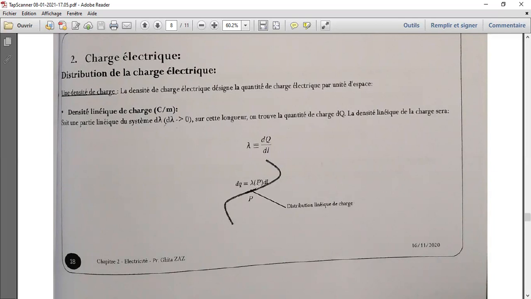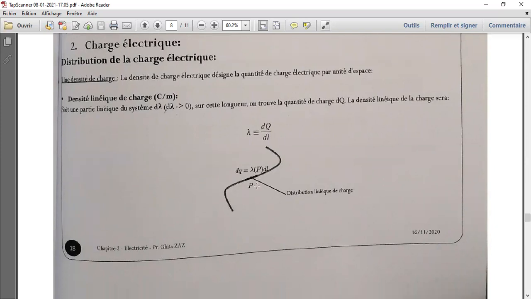The formula is lambda equals dq over dl. dq is the quantity of charge, which you cannot count, divided by the length where those charges are found. So we looked at the distribution of charges. This is just a recap.